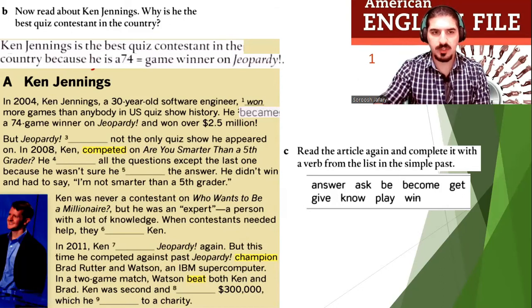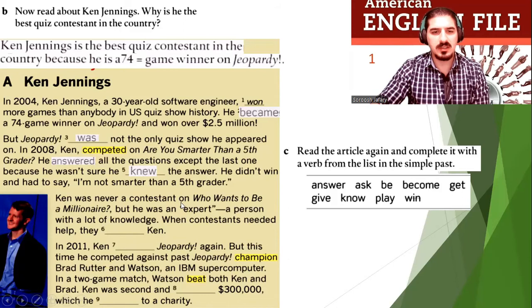He won 74 times. But Jeopardy was not the only quiz show he appeared on. In 2008, Ken competed on Are You Smarter Than a Fifth Grader? He answered all the questions except the last one because he wasn't sure he knew the answer. He didn't win and he had to say, I'm not smarter than a fifth grader.